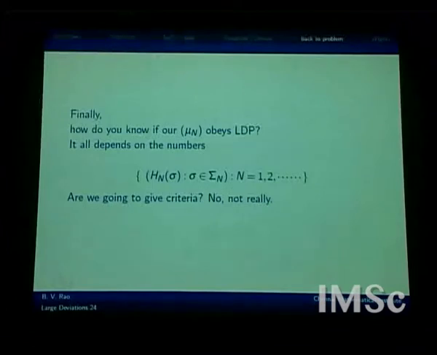How do you know our mu n obeys LDP? It all depends on the numbers h and sigma. So, are we going to give criteria? Now, this is where once again, in a sense, probability takes over.